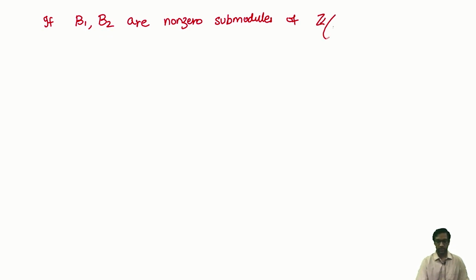But observe, that will mean that either B1 is contained in B2 or B2 is contained in B1, right? They both occur as part of this chain somewhere. So if B1 and B2 are any two non-zero submodules of Z mod p to the n, then the observation is that either B1 is inside B2 or B2 is inside B1.